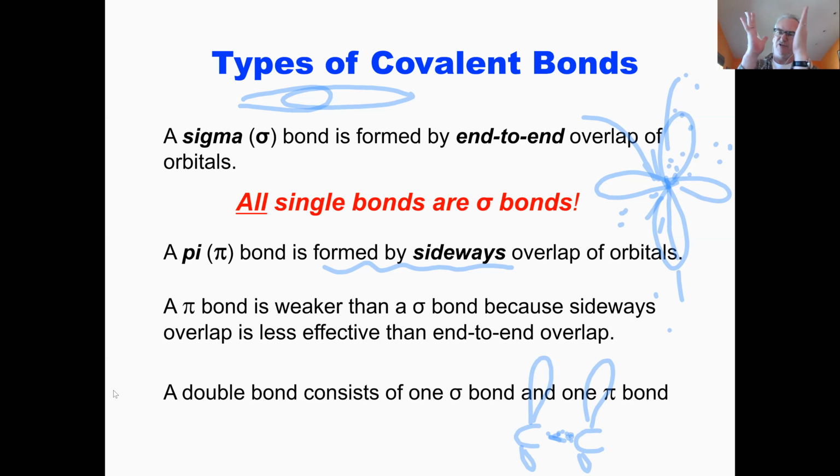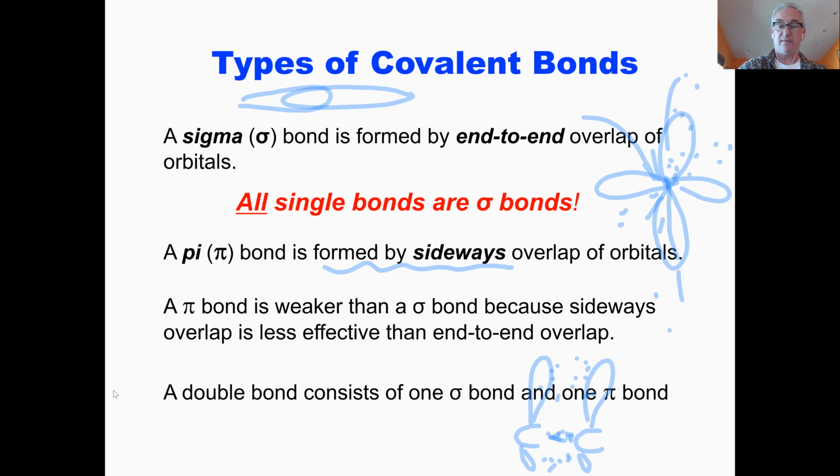They don't come in direct contact. They sort of have sideways contact. And so now I have some density above and I have some density below. So my electron distribution is all over the place. It's above the sigma bond and it's below the sigma bond as well. And so the overlap is much less than a sigma bond.